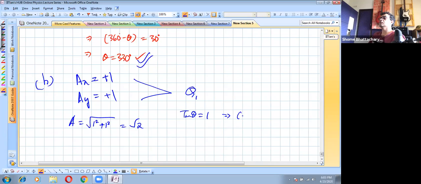So that means theta is 45 degrees. And if you just make a quick mental diagram of the vector, it's very clear to you why that's the case. It's a vector like this of magnitude √2 and this angle is 45. It's very easy to understand why the components are +1 and +1. So that's simple.